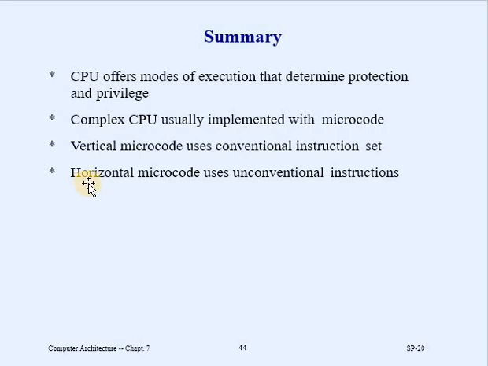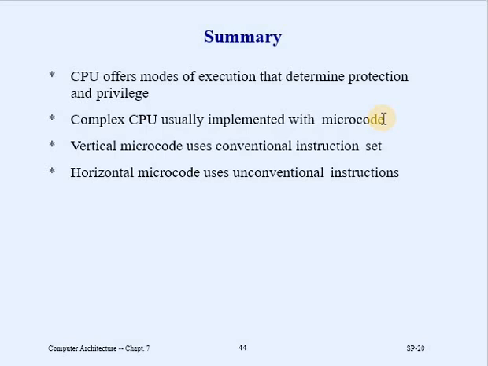And the second point, the complex CPU is usually implemented with microcode. Yes, because what is the importance of microcode? It doesn't require hardware logic, meaning it doesn't require rebuilding of the underlying hardware. That is why we can reprogram our hardware with the help of microcode.